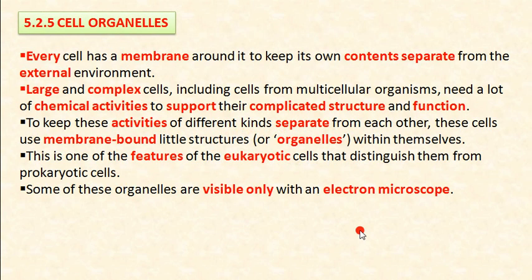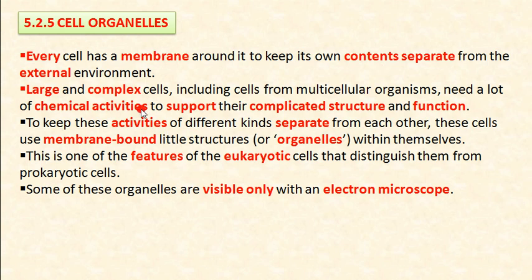Now we are going to study our cell organelles. Different cell organelles are there. Every cell has a membrane around it to keep its own contents separate from the external environment. We have already discussed this in the plasma membrane topic. What is the function of the membrane? To separate the contents from the external environment.